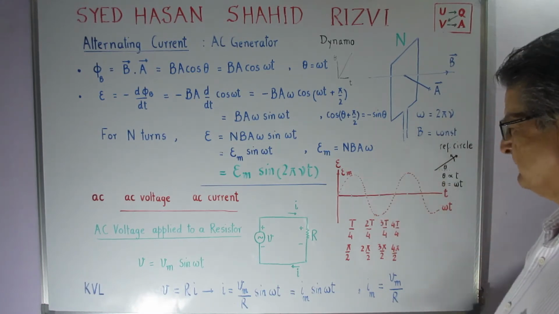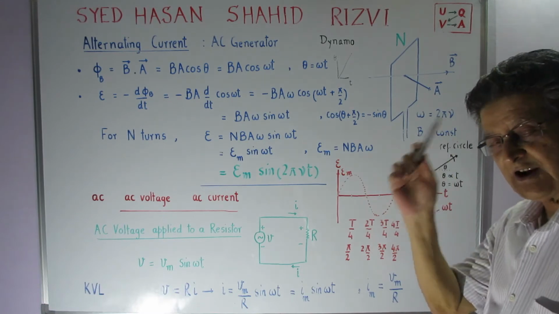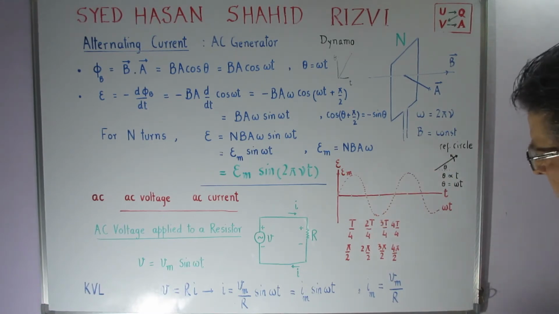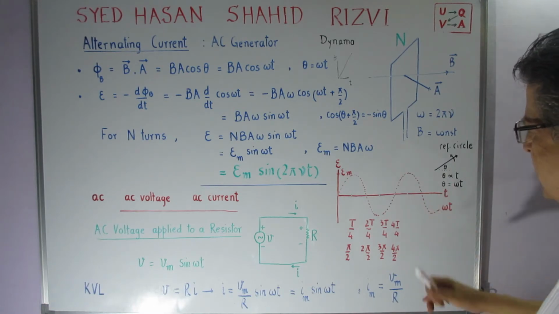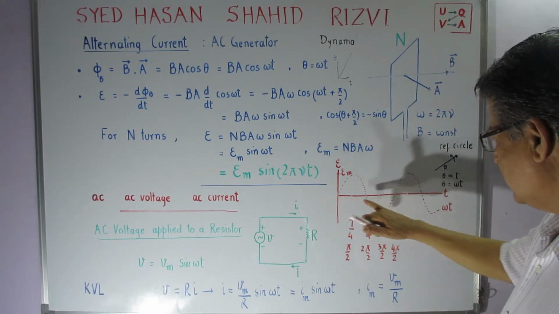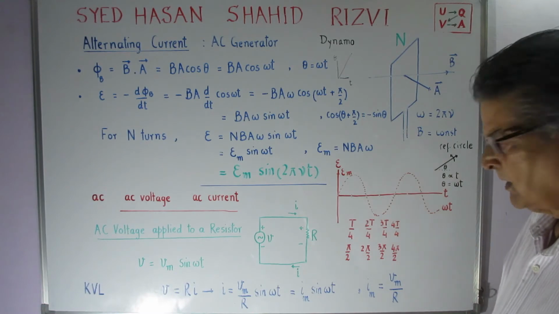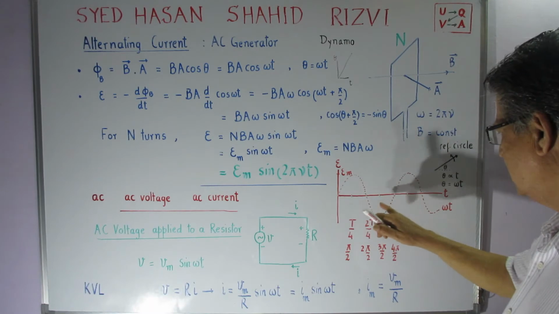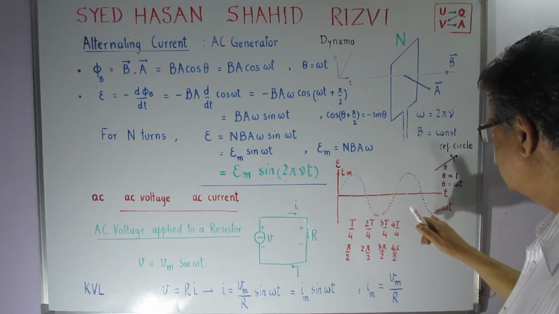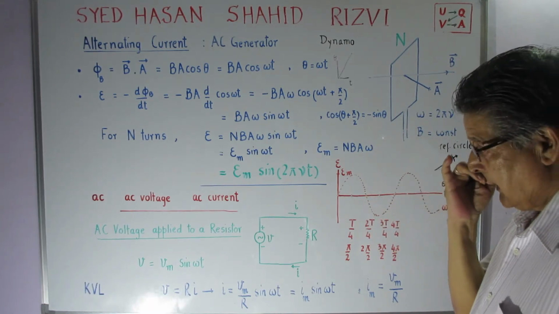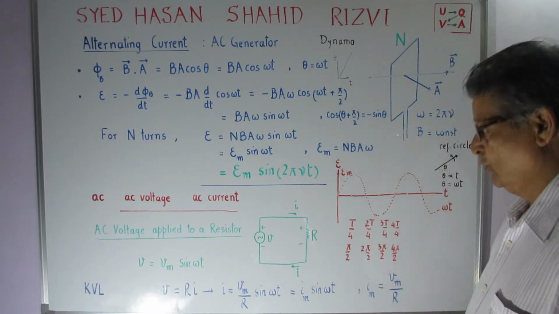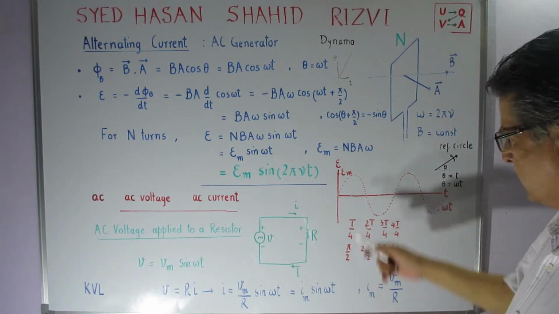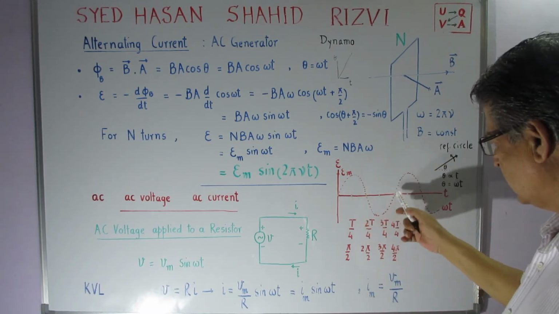We can find out what the average value is. Yes, let me define AC right now. One of the definitions of AC is that for an entire period, which we can take from here to here, here to here, here to here, the average value is equal to 0, because the area of this is equal to the area of this.